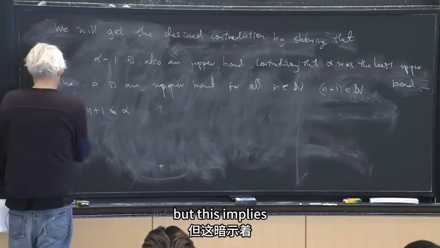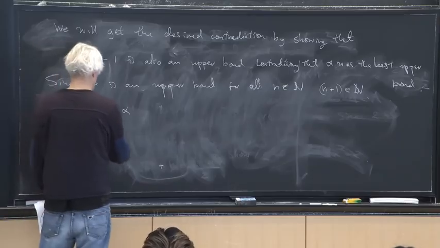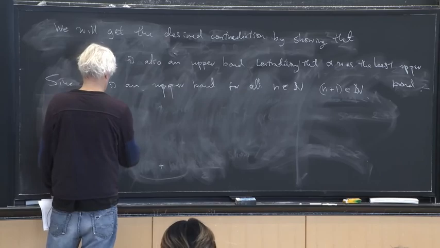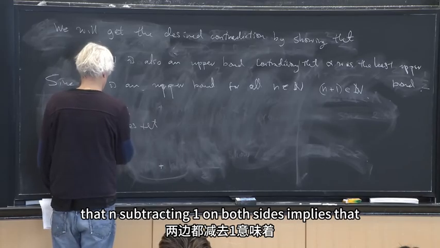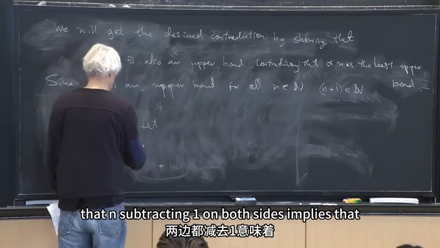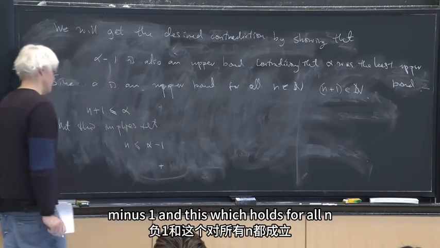But subtracting 1 on both sides implies that n is less or equal to alpha minus 1.